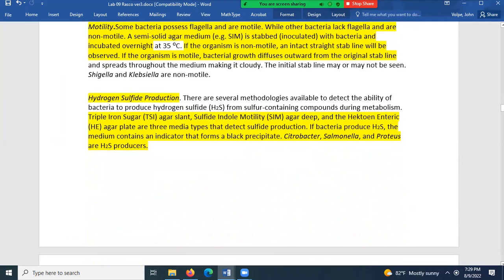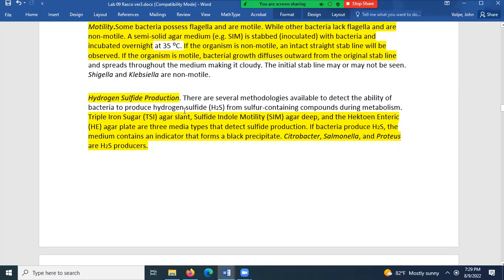All right. The hydrogen sulfide production test tests the production of hydrogen sulfide. Some bacteria can make hydrogen sulfide gas during sulfur metabolism.